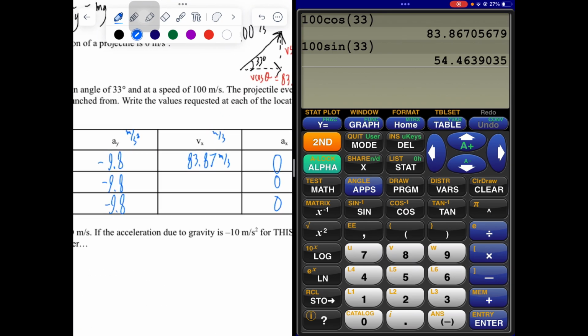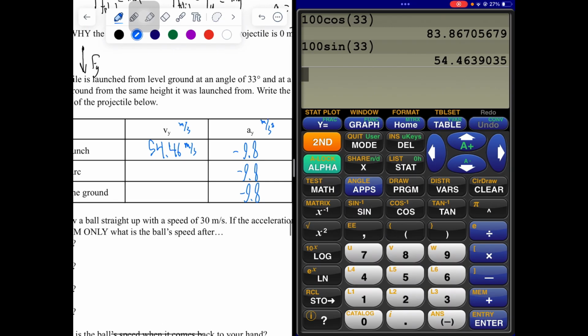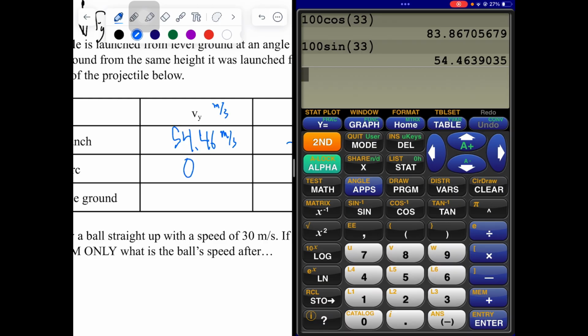At the top of the arc, if our acceleration is 0, that x velocity is never changing. Now, our y velocity is changing. What's special about the top of the arc? Well, at the top, it's no longer moving upward, but it also hasn't started falling downward.